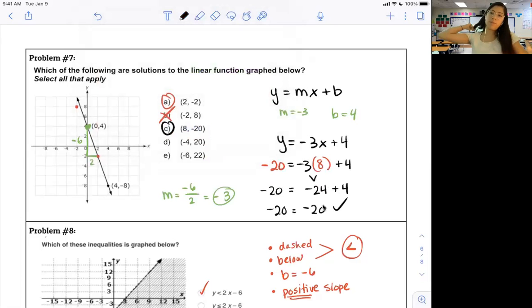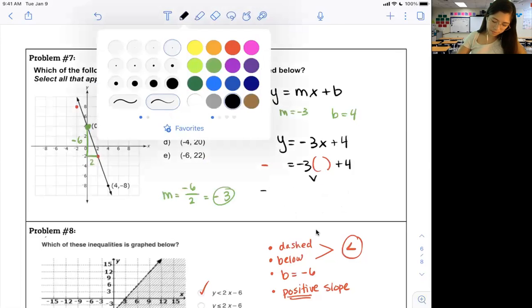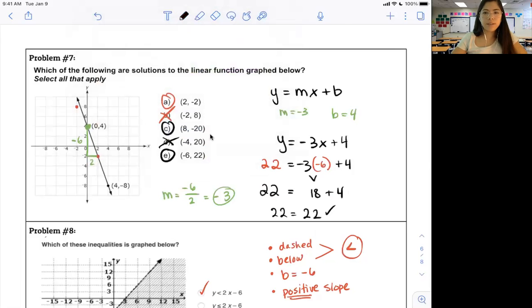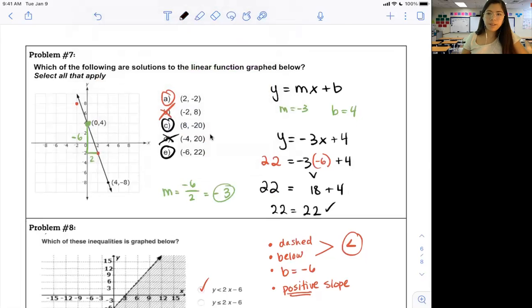We got the same answer on both sides. -20 equals -20. C is in, and I'm running out of time. So the other one that's in, I'll show you guys, would be E. For E, I plug in -6 for x and +22 for y. So a negative times a negative gives me a positive. So I got 18 plus 4 equals 22. 18 plus 4 does equal 22. So E is in. And when you try it, D does not work out. D is out. Any questions on number 7?